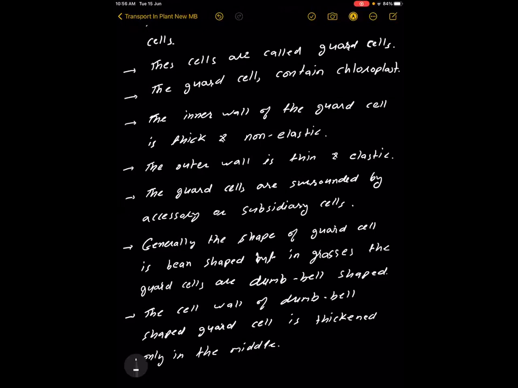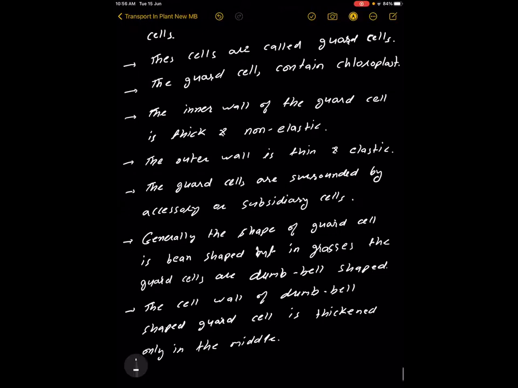The outer wall can be stretched because it is thinner and elastic, and the inner wall is thick and non-elastic. Because of the outer wall, the inner wall is also stretched, and because of this a little opening is there. That is stomata. I'm showing you, just a minute.